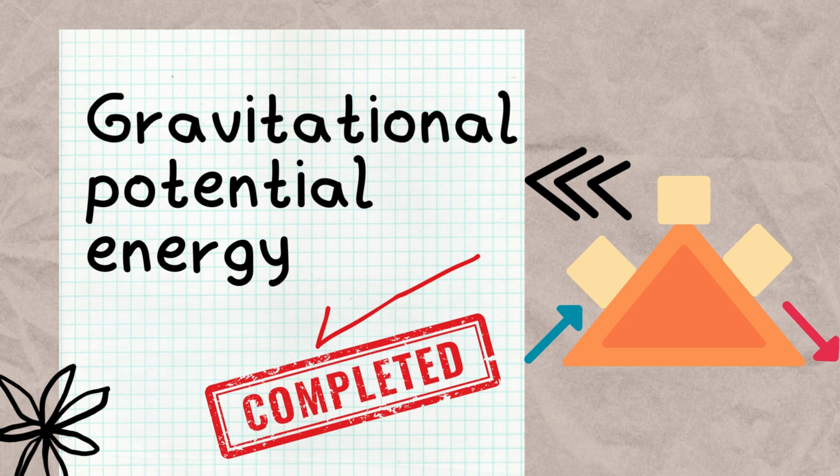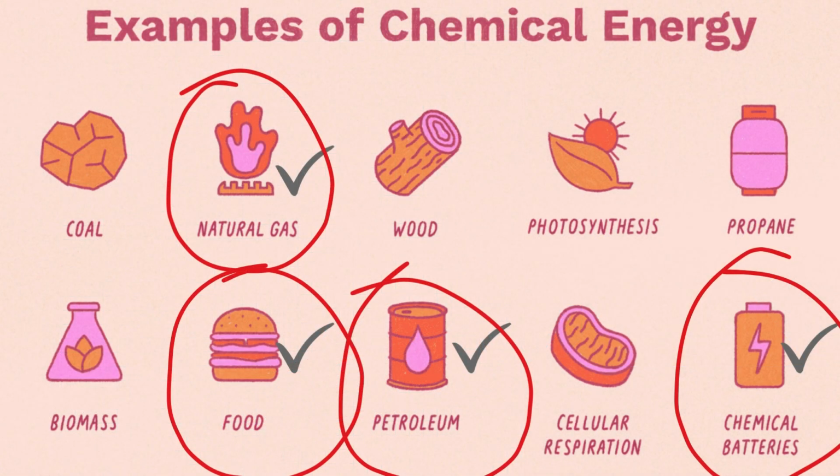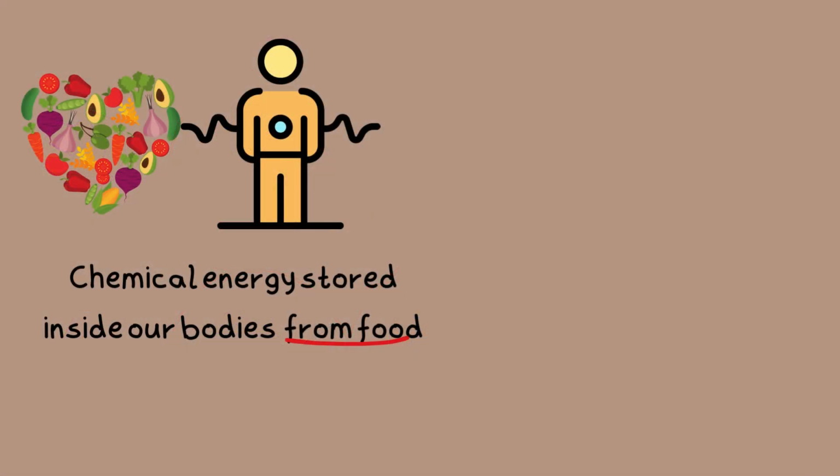Okay, so now we will talk about the second form of potential energy, which is chemical potential energy. Chemical potential energy is energy that is stored inside our bodies from food.